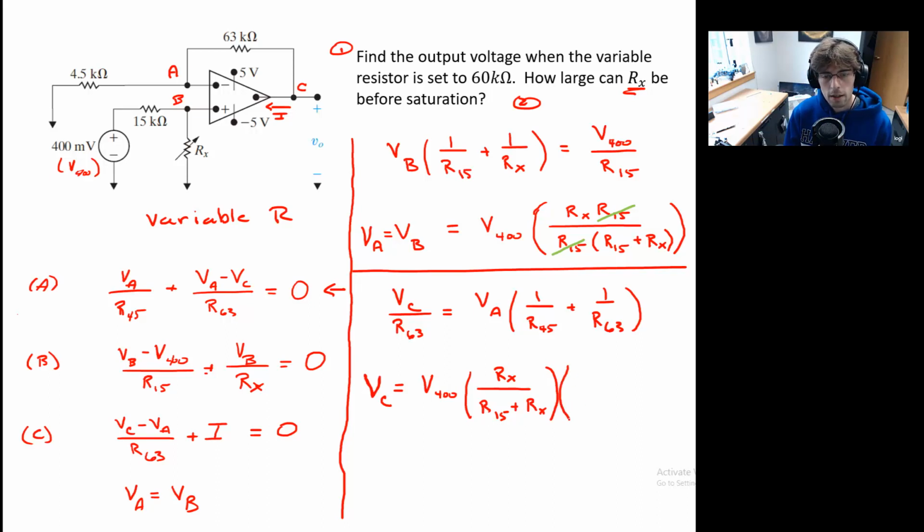Then I will put R63. That comes from moving the R to the other side. So I'll do R63 times R45 plus R63, all divided by R45 times R63.